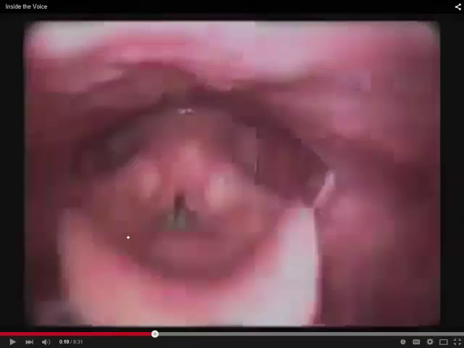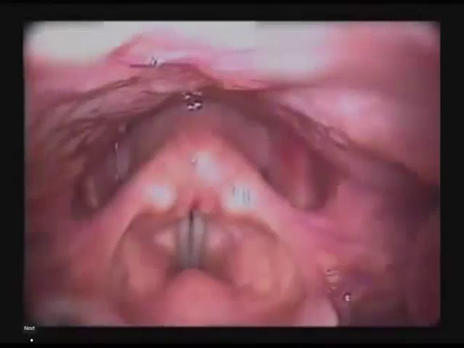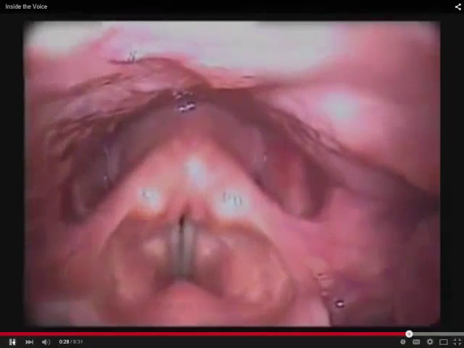Notice how the vestibular folds are further away. You can call me a larynx. See my two vocal cords moving apart and together as I talk? They come apart so that the air can get through them, and they come together to vibrate and make sound as I exhale. Let me show you.